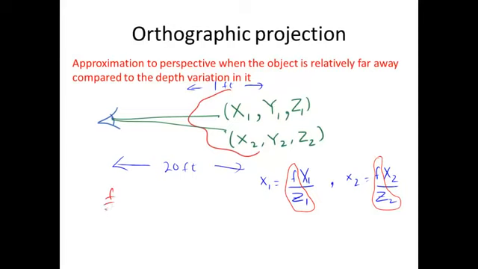So if f upon Z1 is approximately f upon Z2, then we can say x1 is some alpha times X1 and x2 is alpha times X2.